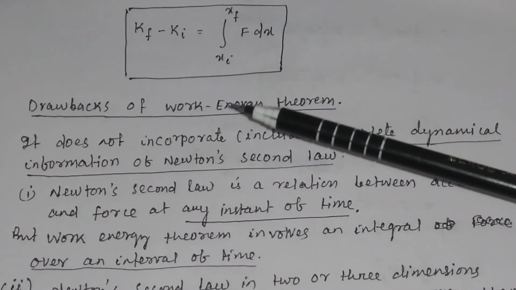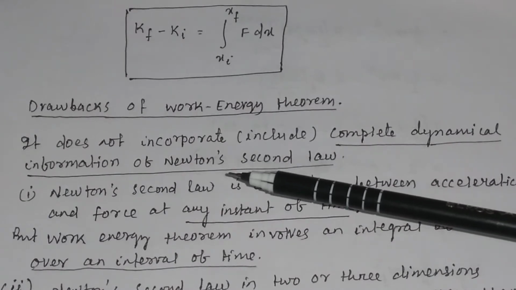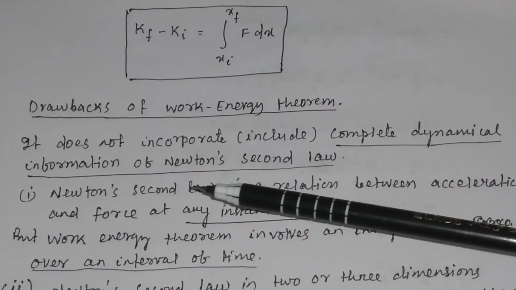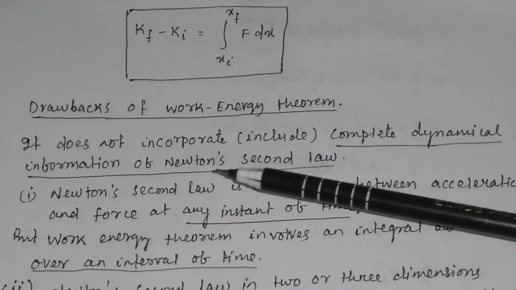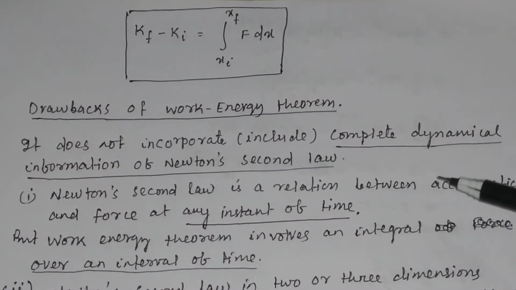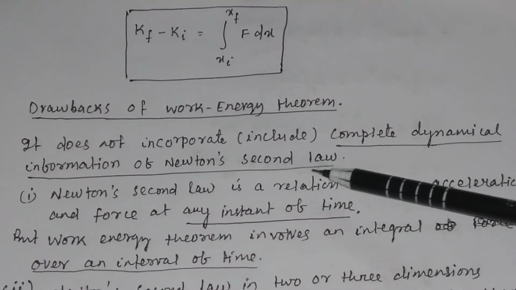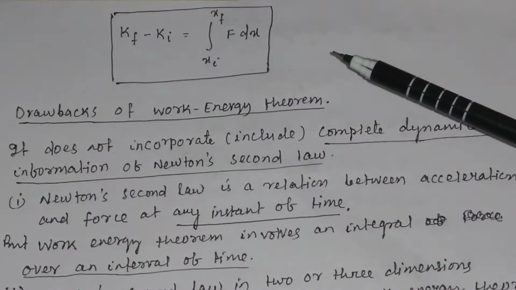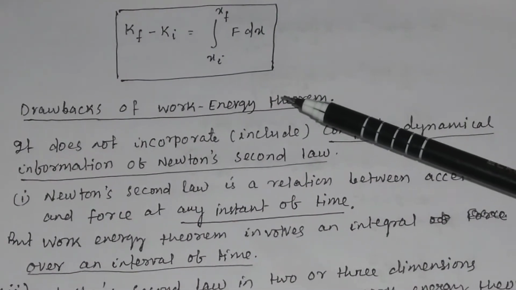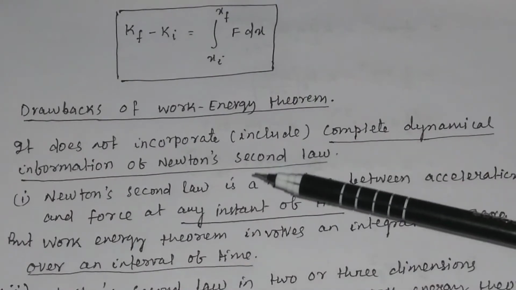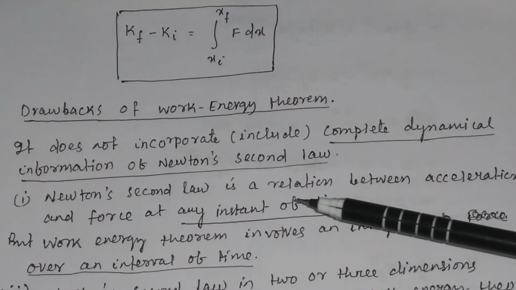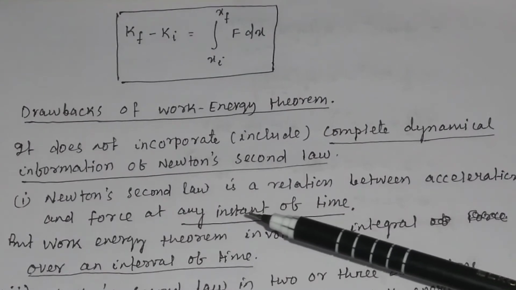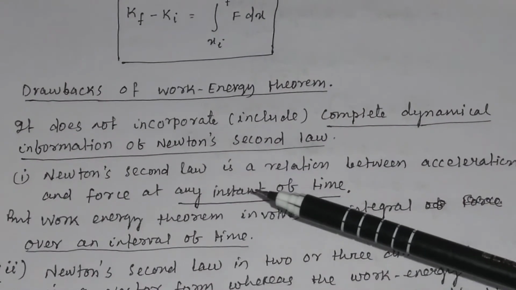So what are the drawbacks of the work energy theorem for a variable force? It does not include the complete dynamical information of Newton's second law. In Newton's second law, we know it is a relation between acceleration and force at any instant of time.